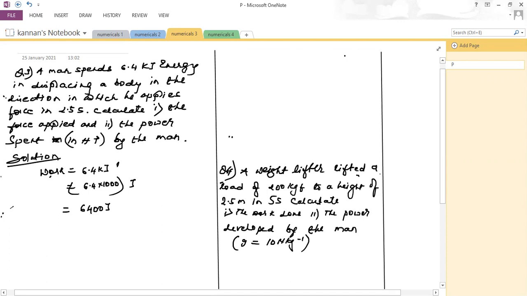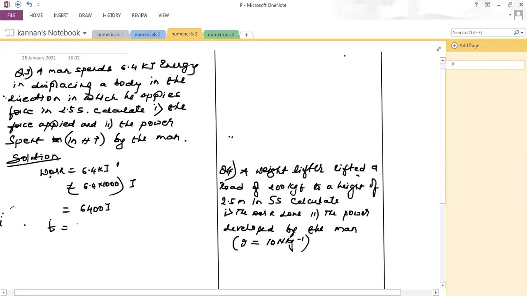So calculate now. See here, the first part of the question is, a man spent 6.4 kilojoules of energy, that means 6,400 joules of energy, in displacing a body in the direction in which he applies in 2.5 seconds. Total, how much time has he taken?